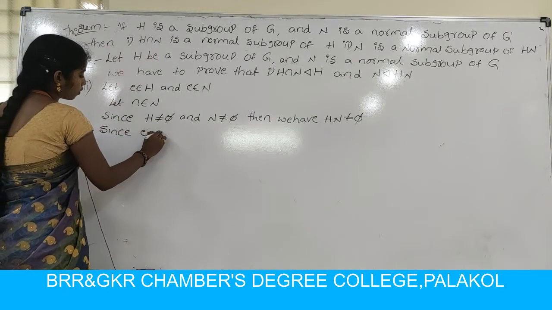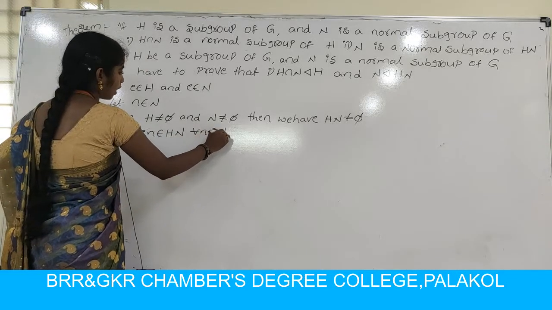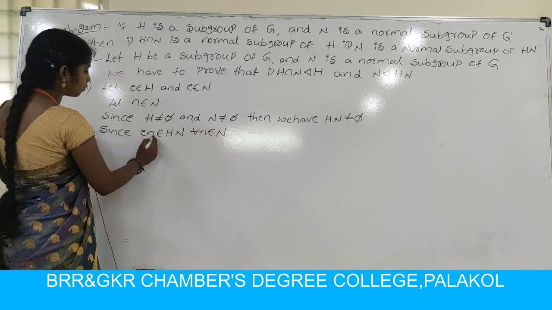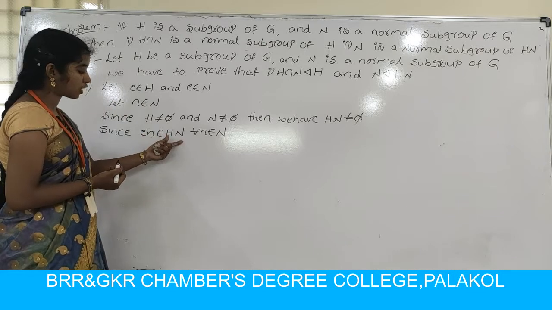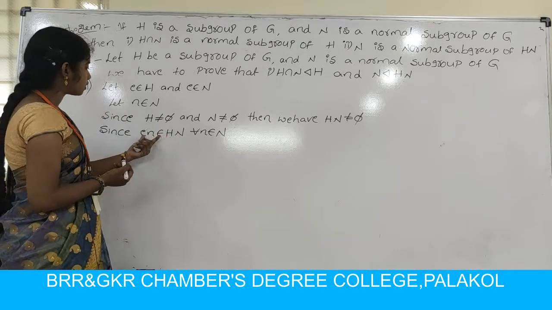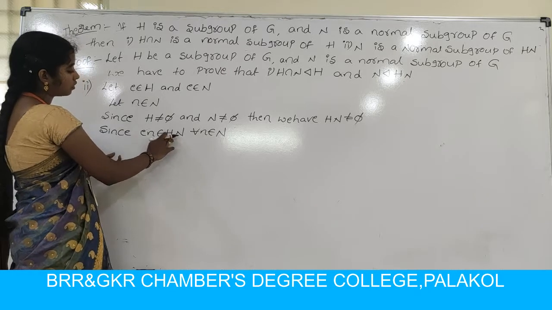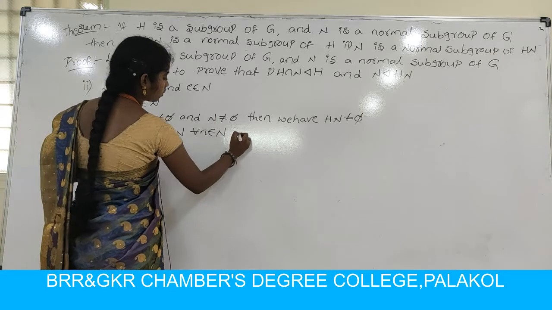So EN belongs to HN for all small n belongs to capital N. Multiplying on both sides, EN belongs to HN, since E belongs to H and small n belongs to capital N. So that means N is a subset of HN.